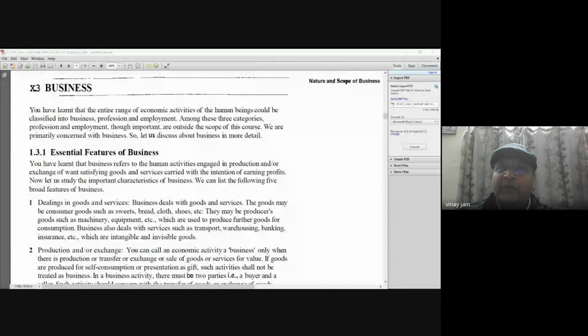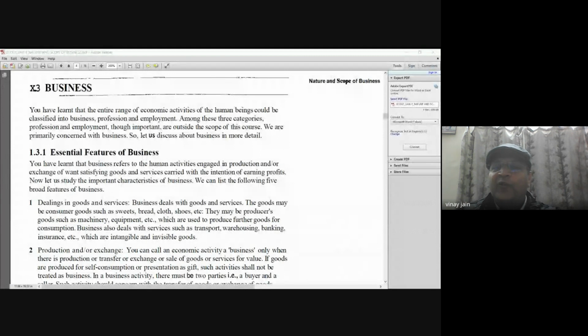Suppose you get a degree of doctor, and you start your own clinic, and in the clinic you have 3 or 4 employees, and you are giving them salary. So these are your expenses. And through your professional skill, you are charging fees to your patients.